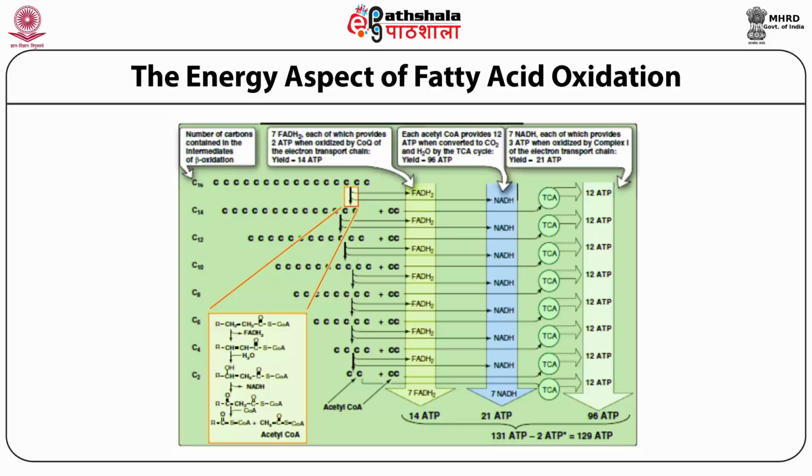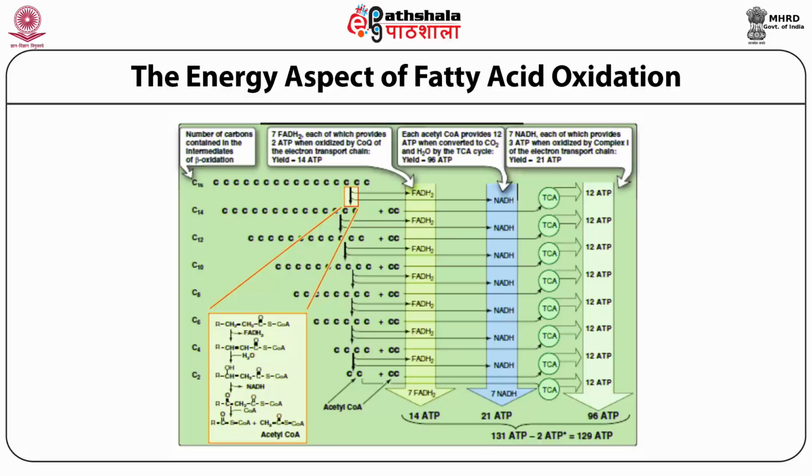The acetyl-CoA, which also produces ATP through the Krebs cycle or the citric acid cycle. And how the NADH provides ATP when oxidized by complex 1 of the electron transport chain.